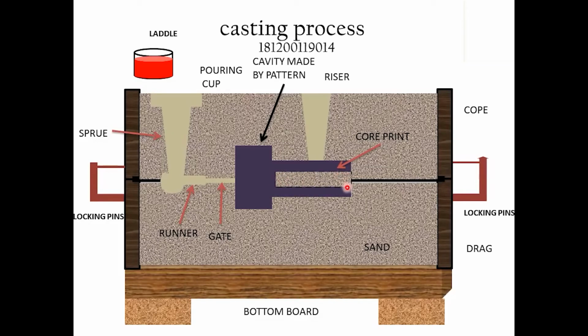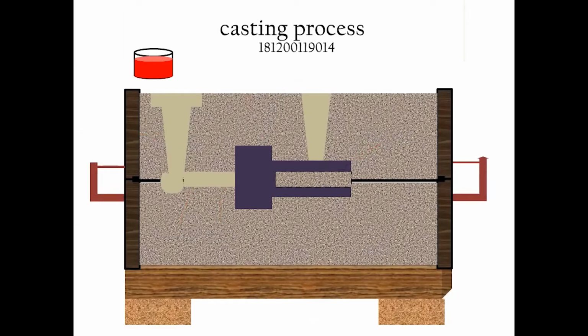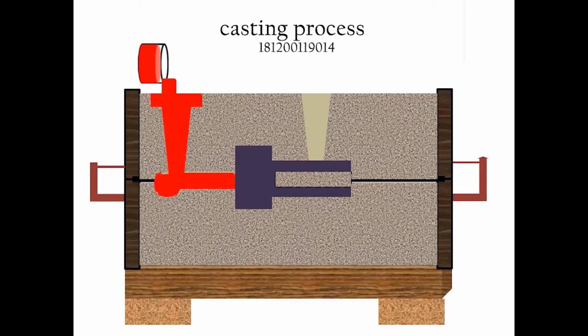Now we see the working of the casting process. The ladle will give molten metal to the pouring cup and it will transfer it to the runner and gate arrangement, and the cavity will be filled with the molten metal and the riser will give the indication that the cavity is filled.